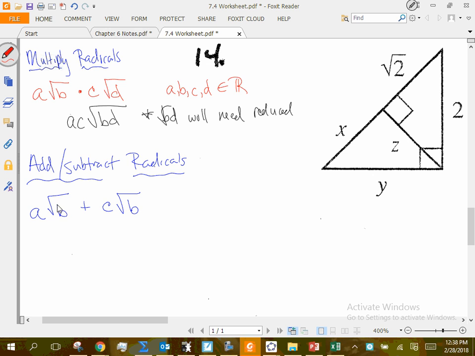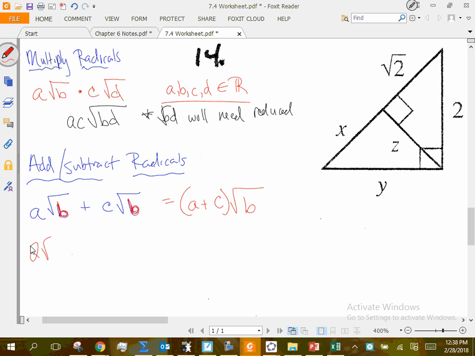What do you notice about what I've put in here? They're the same. They have to be the same in order to add these. Where A, B, and C are still following that rule there. All you do then, that should equate to A plus C. Add the numbers on the outside, and then multiply by radical B.